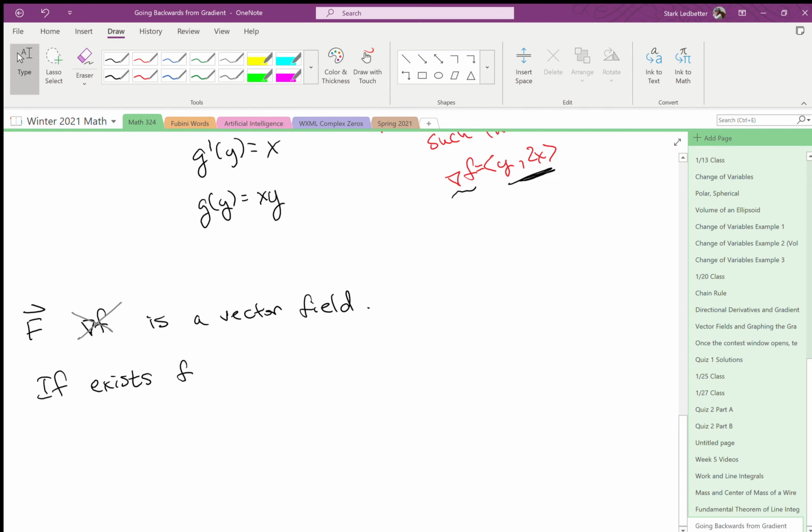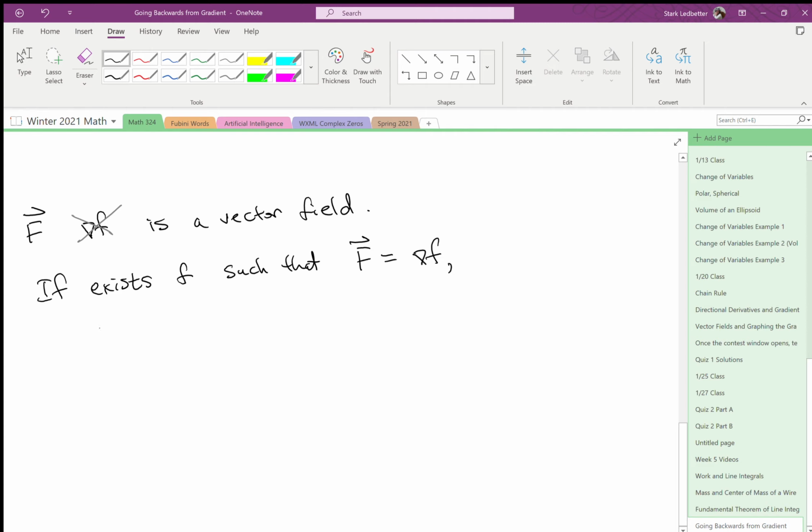So if there exists a scalar function f such that the big F is the gradient of little f, because the gradient of little f is a vector, then we call big F a conservative vector field. And these are going to be important because these are the ones where we can go backwards. By definition. The definition is that we can go backwards.